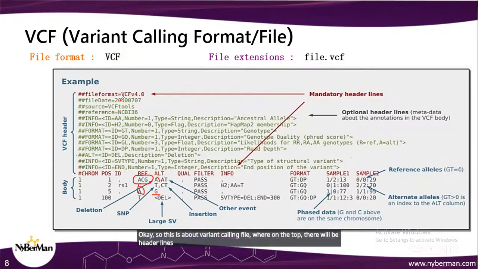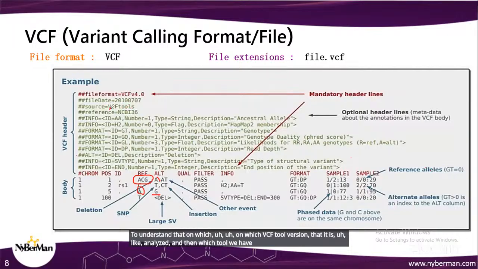Okay, so this is about the variant calling file, where on the top there will be header lines. Here there is not only one line for the header but multiple lines. Every line is important because it declares the details that the file or the tools need to understand, such as which VCF tool version was used for the analysis and which tool we have used.